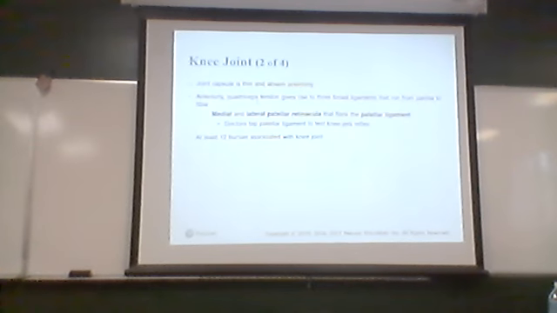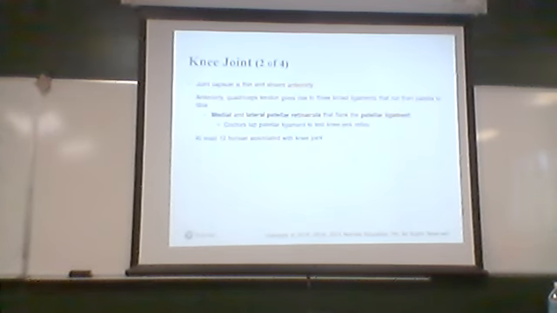All right. On the front, the quadriceps tendon makes the three ligaments that run from the patella to the tibia. You have the patellar ligament on the front. That's an extension of the quadriceps tendon. Then you have the lateral and medial patellar retinaculum.